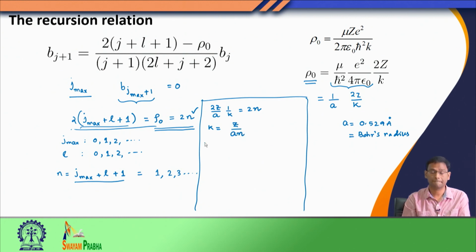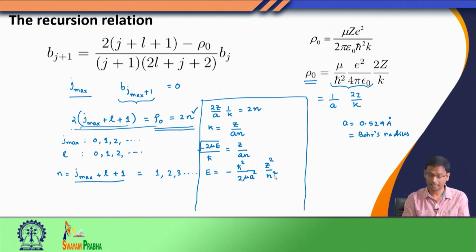And what is k? k is the square root of minus 2 mu E divided by h bar, equals Z by a n, and then I take the square of both sides.